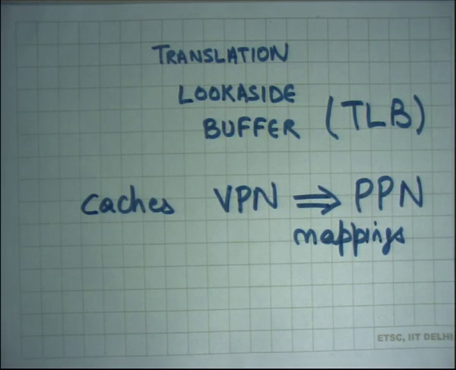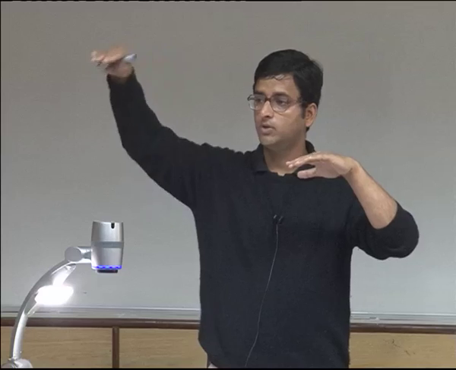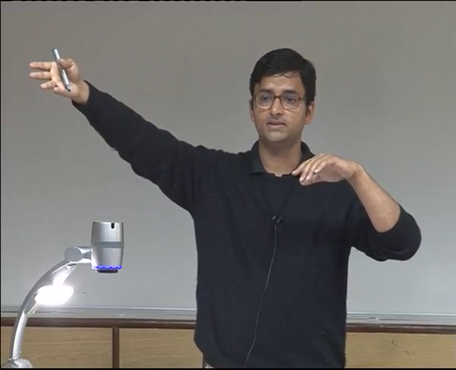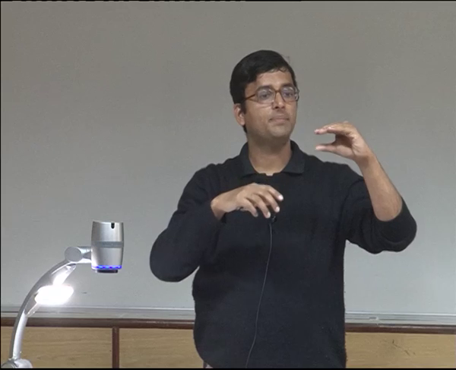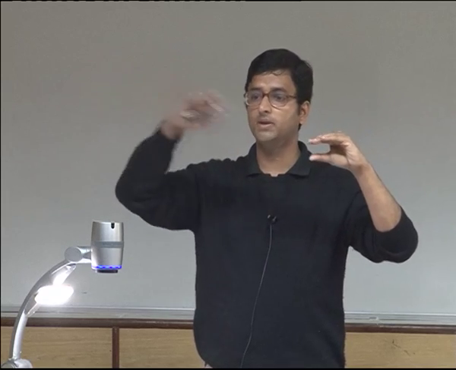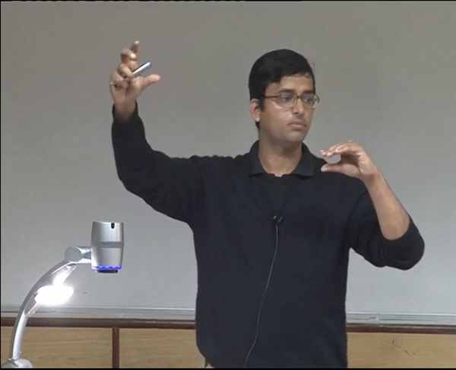Each time you access a virtual address, you walk the two level page table and you get a physical address. But there was a mapping from the virtual page number to the physical page number that this page table structure was providing.